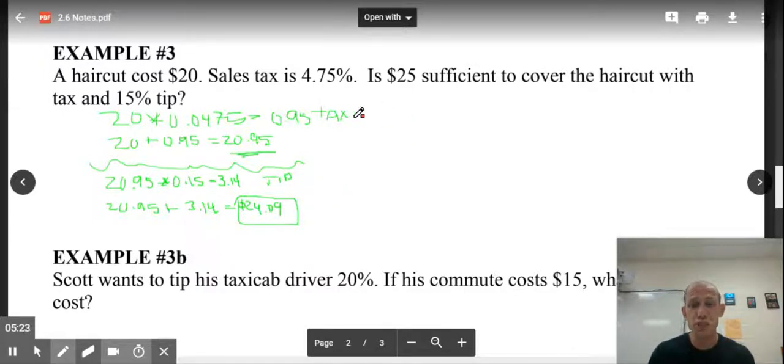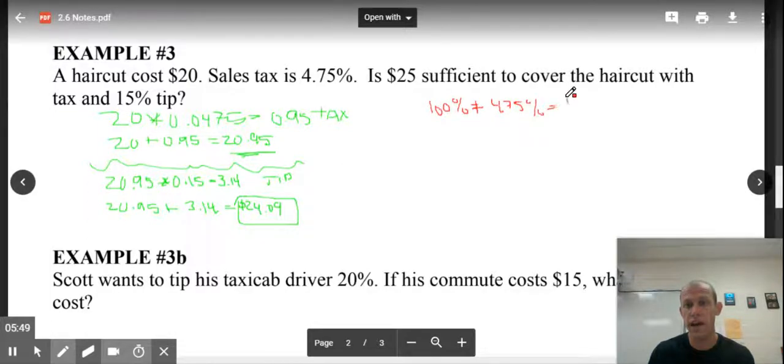So let's do this with the other method, combining percents. You still have to do it in two stages. You can't lump it into one because we have sales tax as one stage and tip as another stage. So first, I'm going to be paying 100% of the bill, which is my $20, and I'm going to be combining that with the 4.75% tax.